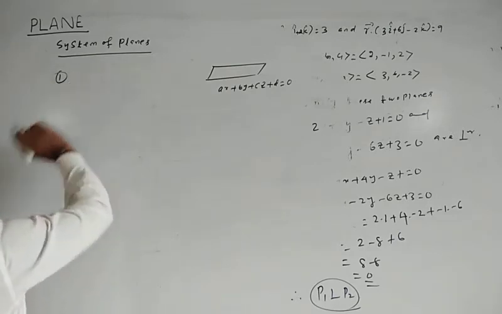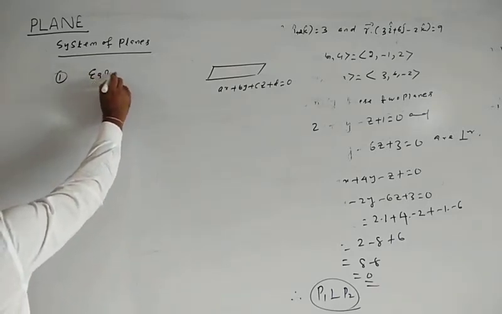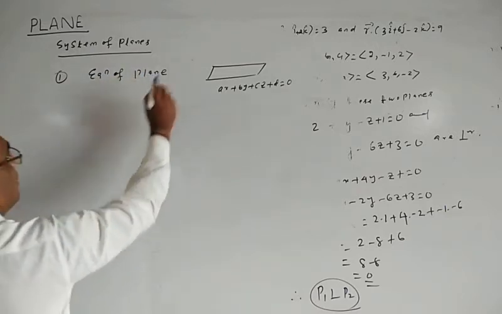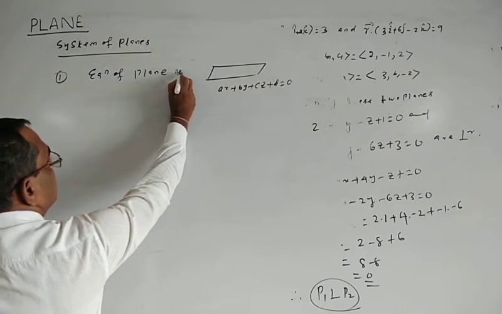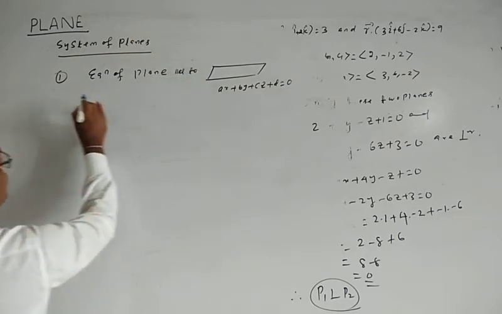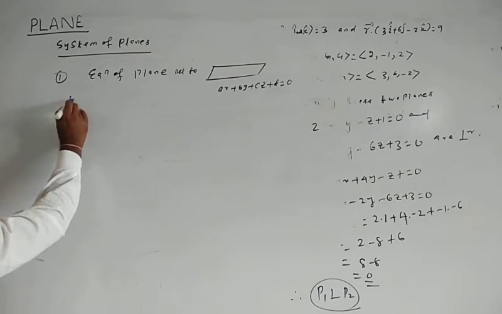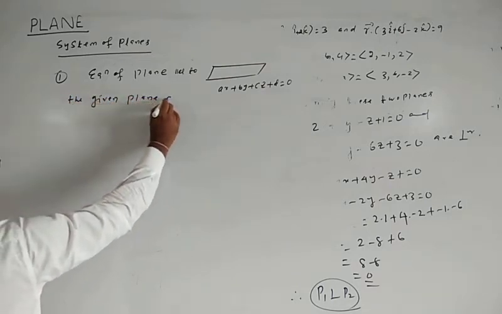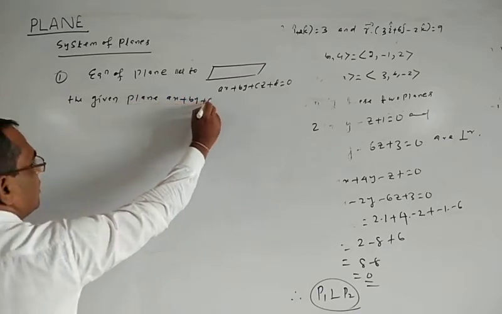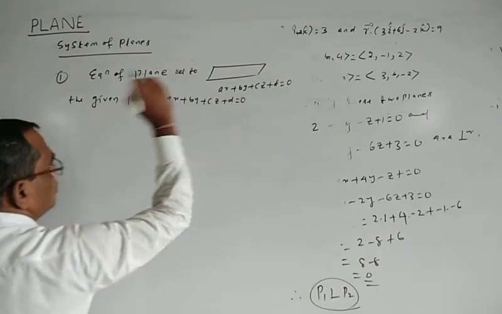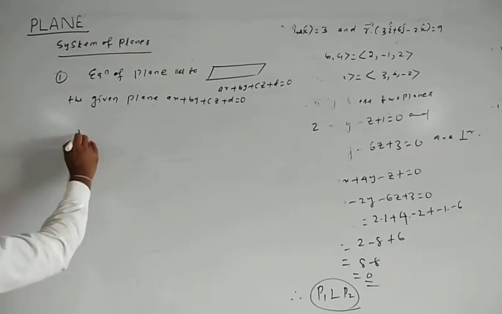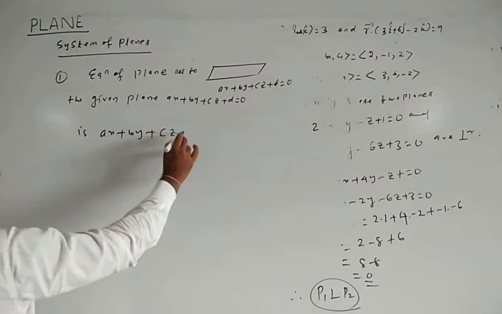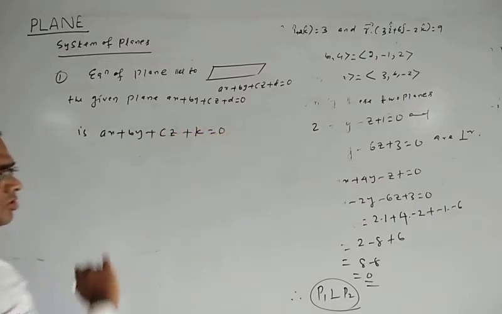Equation of the plane parallel to the given plane ax plus by plus cz plus d equal to 0 is ax plus by plus cz plus k is equal to 0.